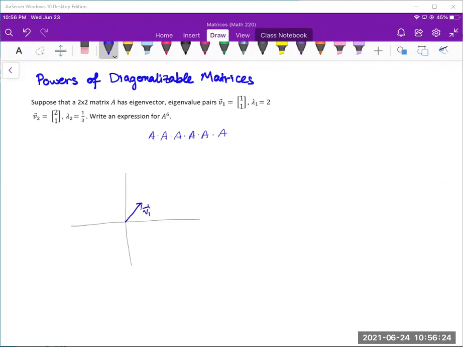So we start out with this vector V1. When we calculate A times V1, our eigenvalue is 2. So that means that we double the length of this vector. So we get 2 V1.